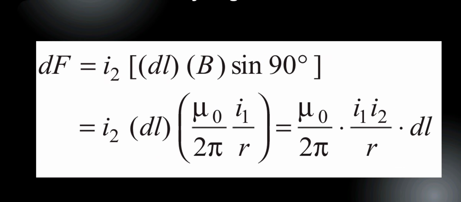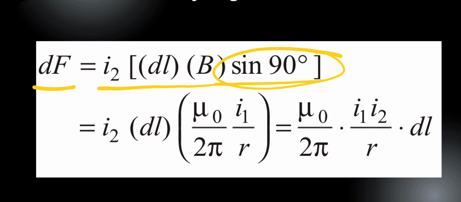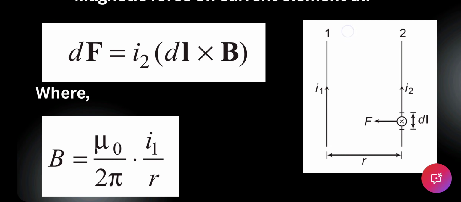Therefore the elementary force dF is I2 dl B sin 90 degrees. So from where do we get sin 90 degrees? Come to the picture. In this picture, this sign represents that the magnetic field is going into the paper. So we represent this in a 2D diagram like this.